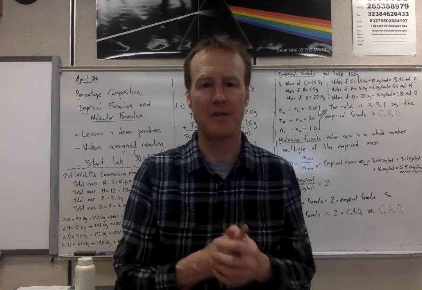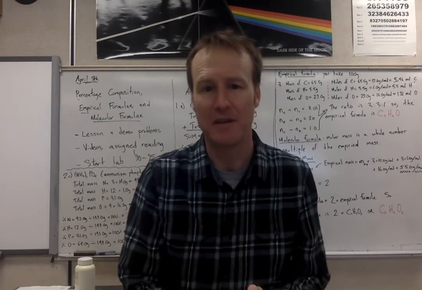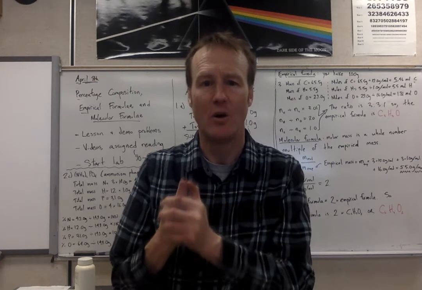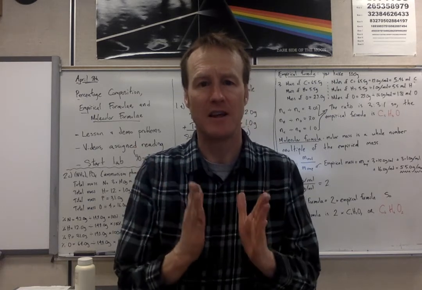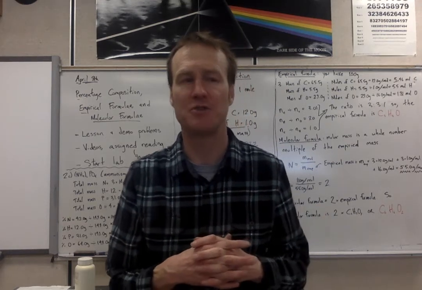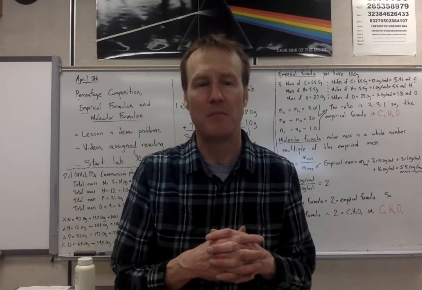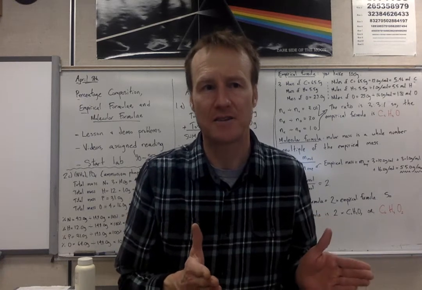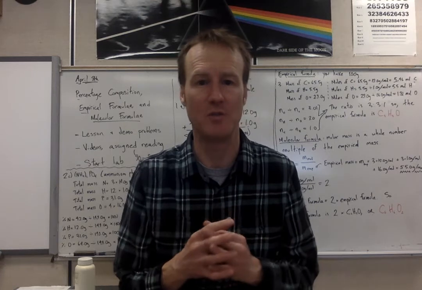This works whether you're given an empirical formula or a molecular formula. But what does that mean? An empirical formula is just the simplest whole number ratio of the different elements in a chemical formula. Imagine a substance with a molecular formula of C2H4, welder's gas.